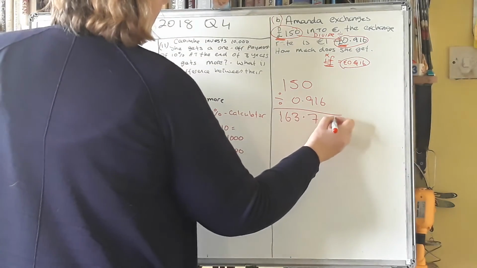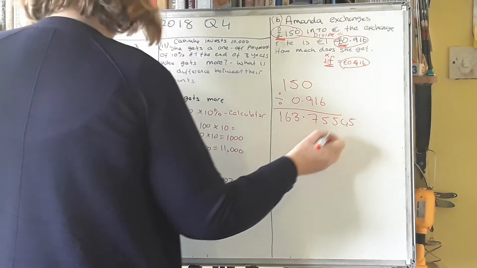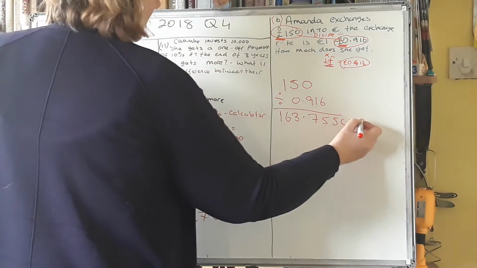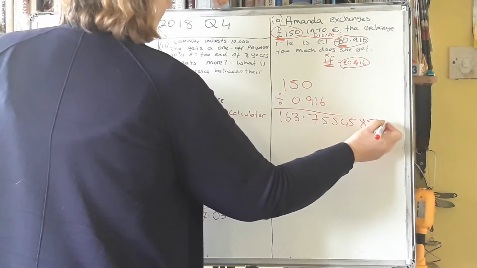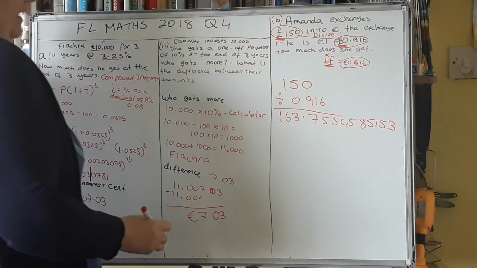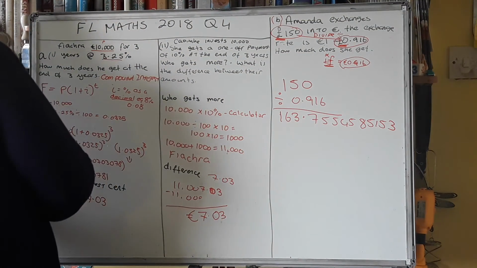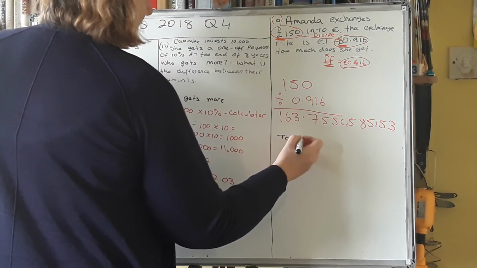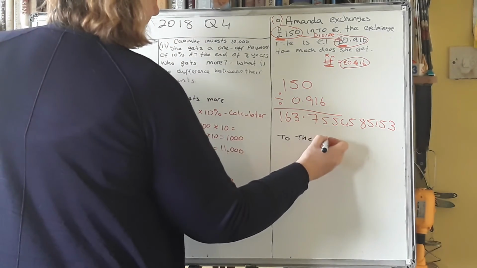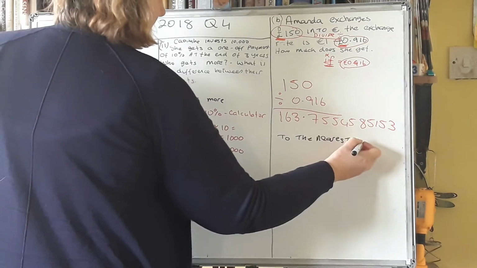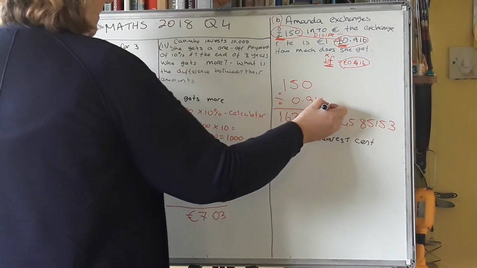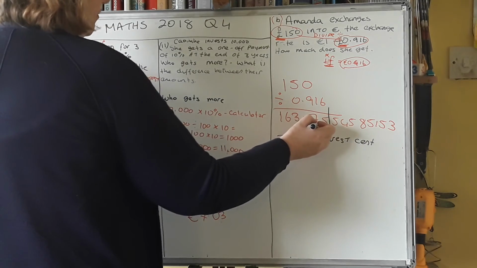When you divide 150 by 0.916, you get 163.7554585153. Again, they want you to give it to the nearest cent. So you want two numbers after the decimal point.